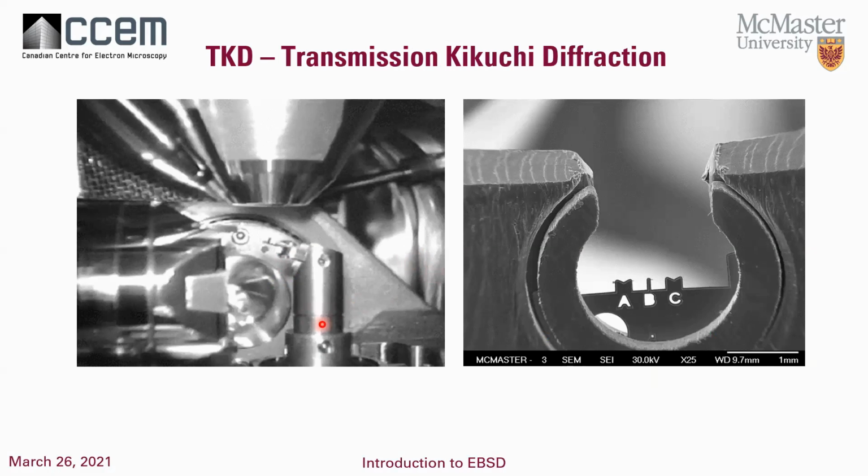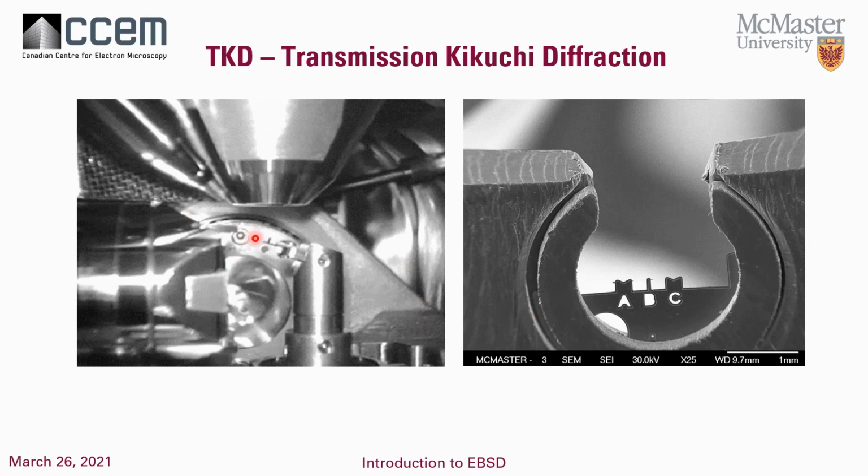Now, as I talked about before, we can also do transmission EBSD. So in this case, we're not having the 70-degree tilt. We'll be maybe at 15 to 20 degrees of tilt. And we're actually having the beam go through and diffract onto the screen here.